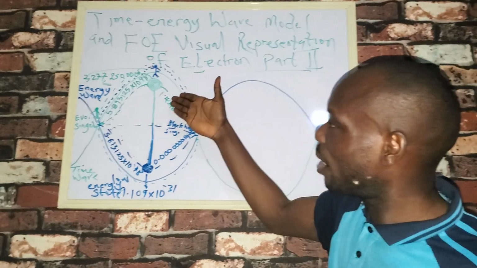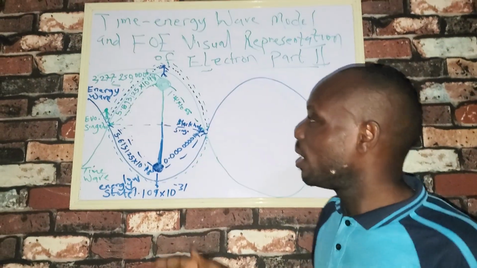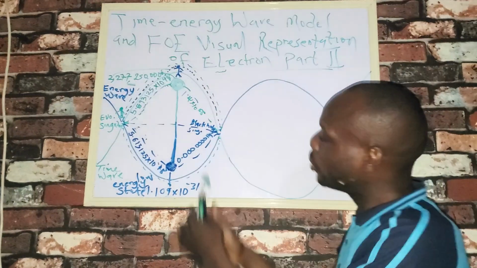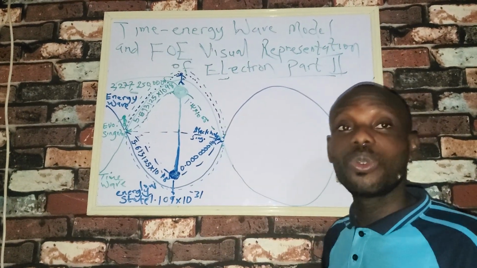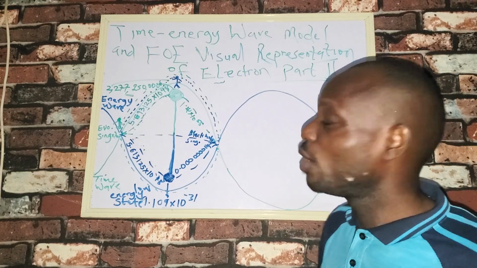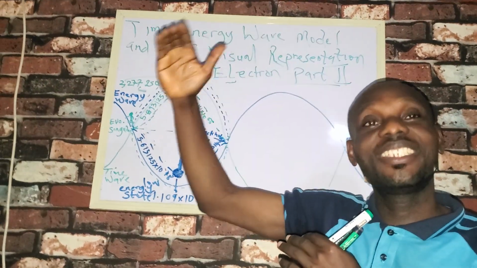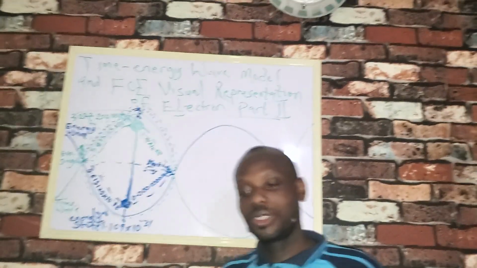But with this application now, we see that it is possible for us to know the position and the momentum of the particle at the same time, because we have traveled beyond the limit of light speed, and that is why we're able to do that.